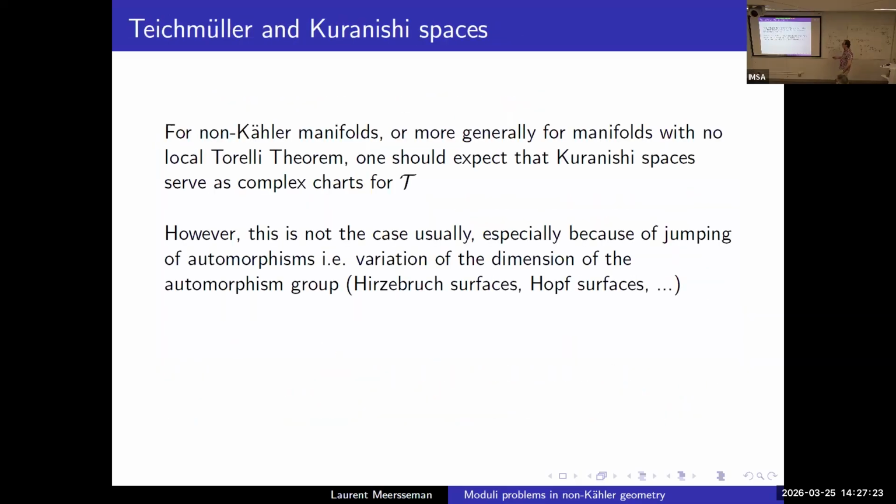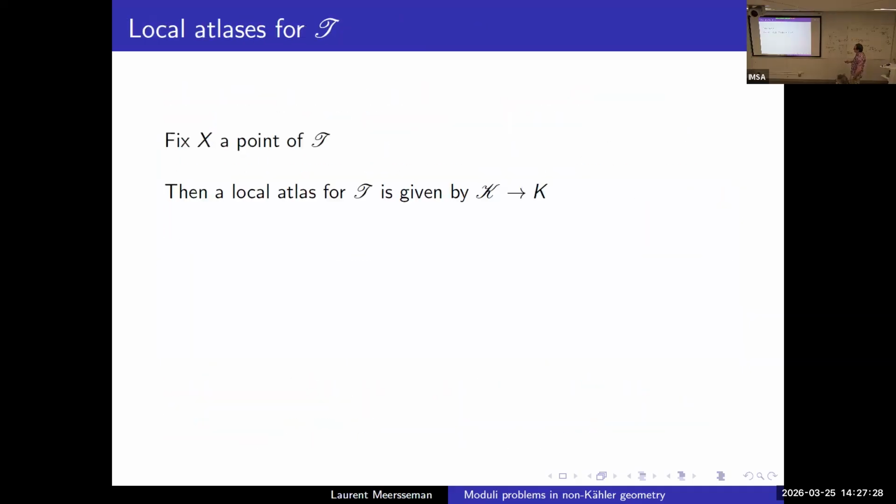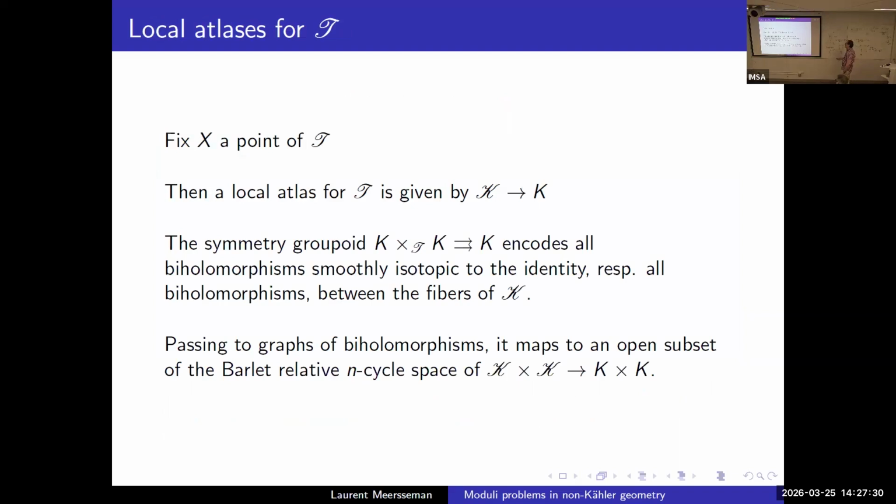Now going back to this Teichmüller stuff, I am saying that when I construct a local atlas for my Teichmüller stack, I will use properties of cycle spaces, and here there is a difference between the Kähler and non-Kähler situation. There are compactness results in the Kähler case that are totally false in the non-Kähler case.